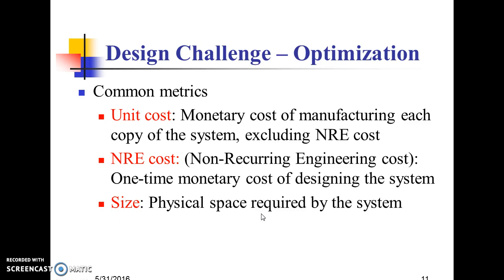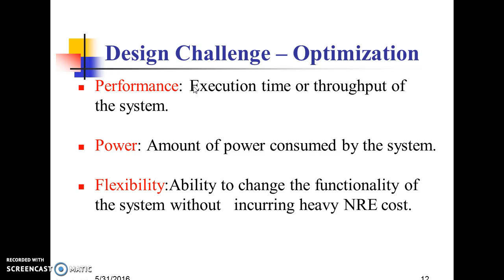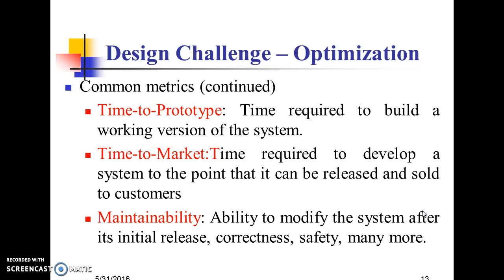Size is the physical space required by the system. Performance is the execution time or throughput of the system. Power is the amount of power consumed by the system. Flexibility is the ability to change the functionality of the system without incurring heavy NRE cost.